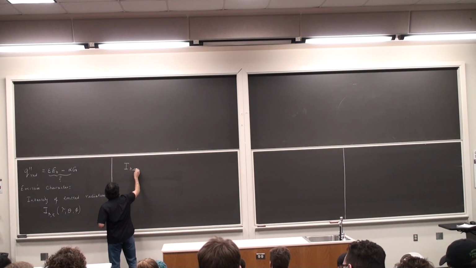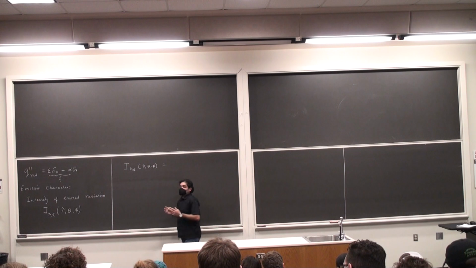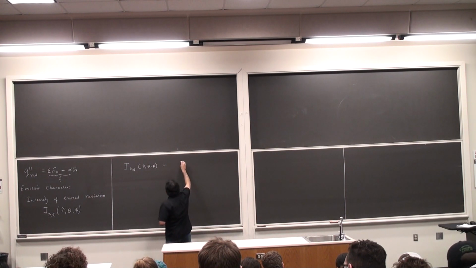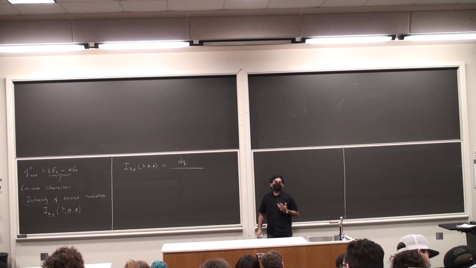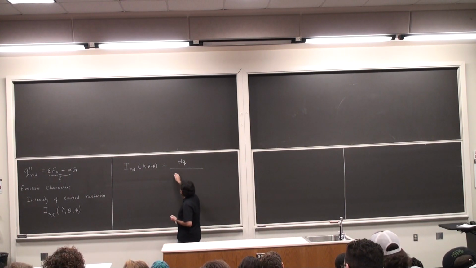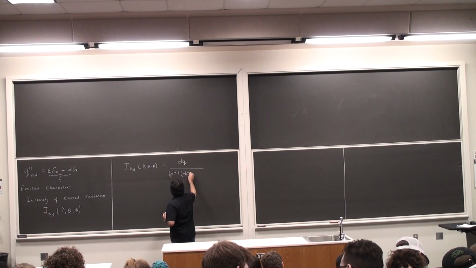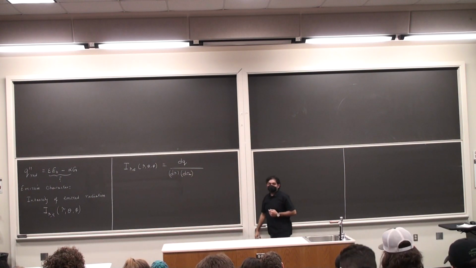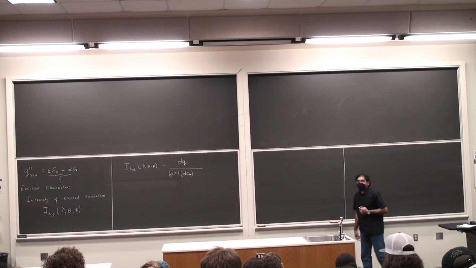So this is given as dq divided by three things: d lambda, d omega, and then dA suffix n.